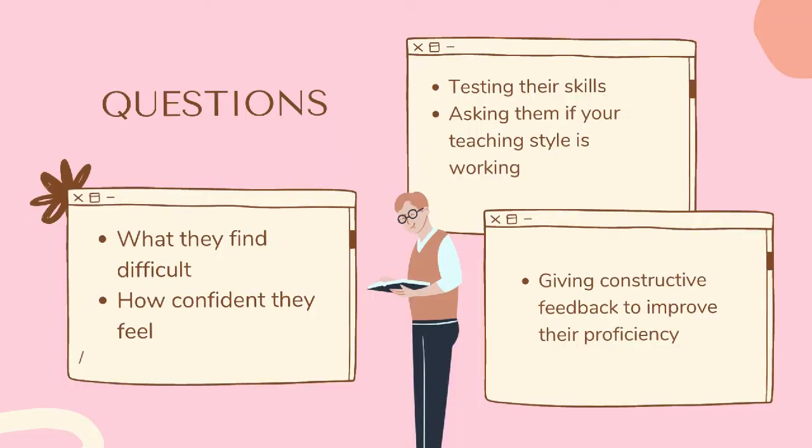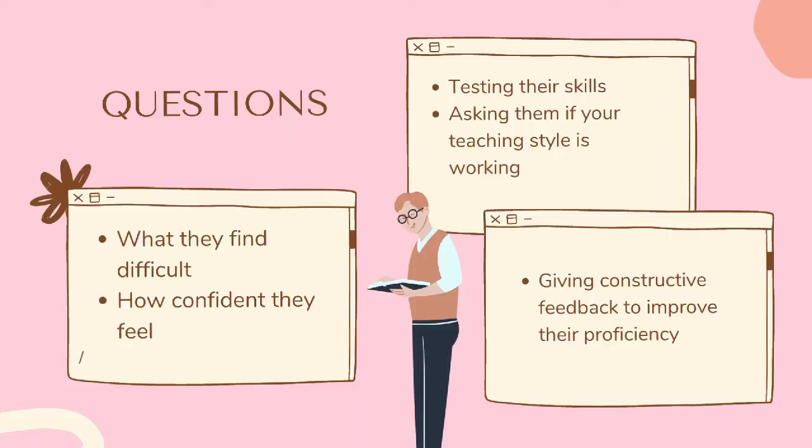Third, testing their skills. Okay, so there are a lot of things that we can use for testing their skills. Like you want them to answer a test or a written test, a written output, an essay, an oral participation, or even a lot of things that can be considered. Okay, so that would help you to assess if they have really achieved in learning the language.